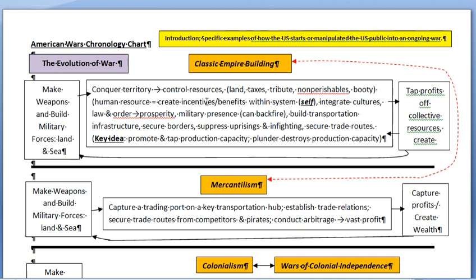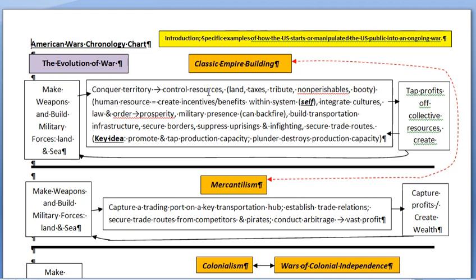So classic empire building, you can think of the big empires, the Roman Empire, Greece, Persian, Babylon. You make weapons, build military forces, both on land and sea, and then you conquer territory. That's a key thing here. And you conquer territory to control resources.